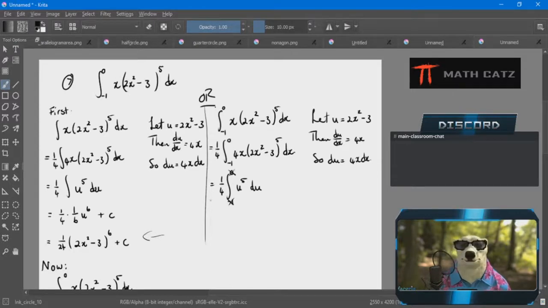because what this 0 meant as my upper boundary was really x equal to 0. X goes from -1 to 0.